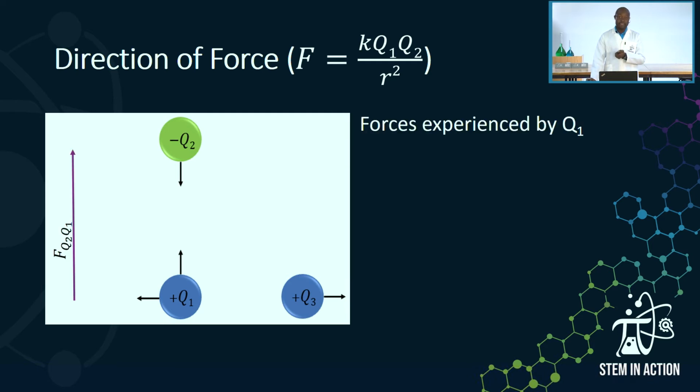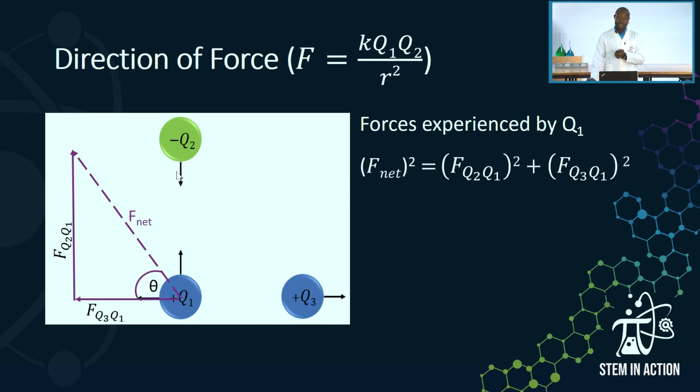But in this case, we still have this force which is going upwards, as we have already said, and we've got this force which is going to the right. But this time our resultant is a vector which joins from the beginning of the first force to the end of the second force, which is that one, and this is our angle theta.